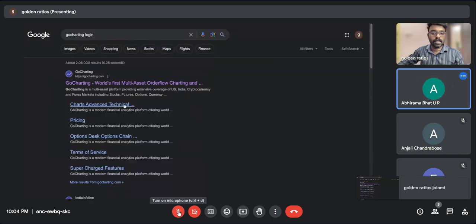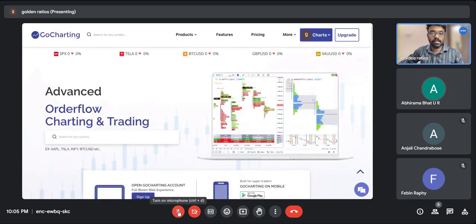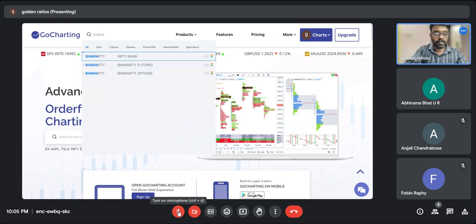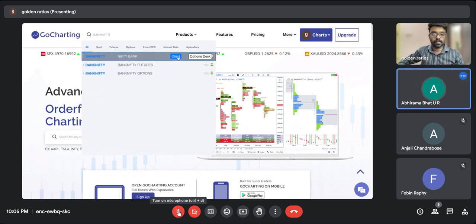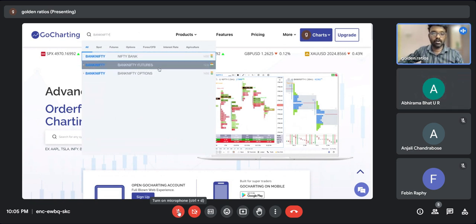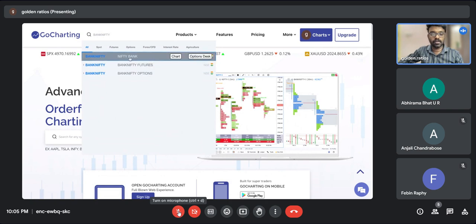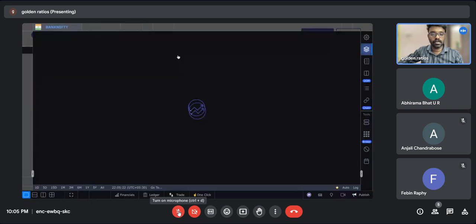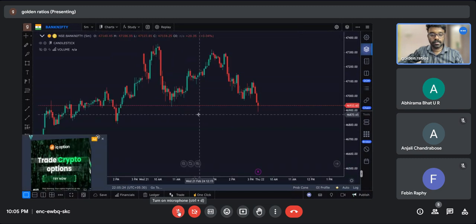Yes, you can go to Google and type Go Charting. It will come up as Go Charting. Just click on Go Charting. It will come like this, and you can just log in with your email. Here you can search for any symbol. Type Bank Nifty and click on chart. Don't go for futures, it won't show. Just go for Bank Nifty and go for chart.